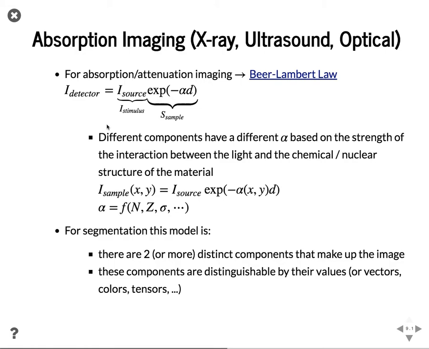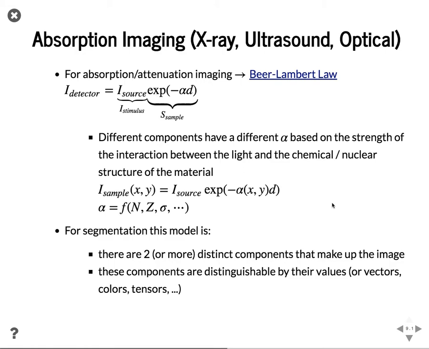This allows us to go away from just a purely "this is how much a part of the sample absorbed" to making a full model for what's going on, because we know d. If we have an idea of what the sample's made of, the atomic number, the cross-section, some coefficients that are quite easy to remember, we can pretty accurately identify what material is in the sample based on this absorption image that we get.